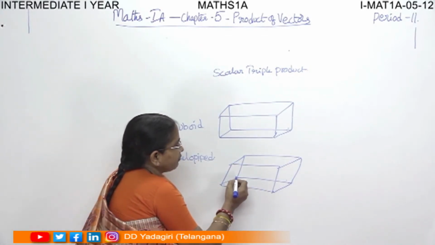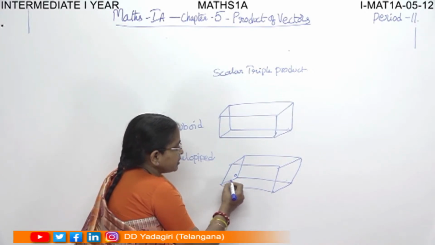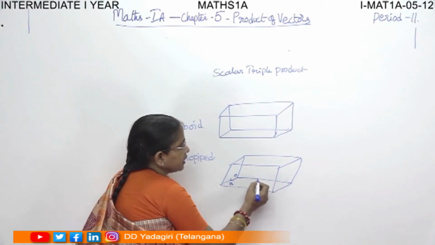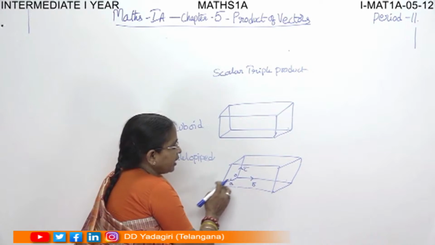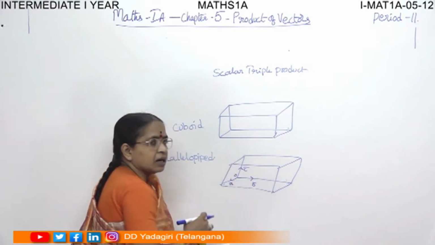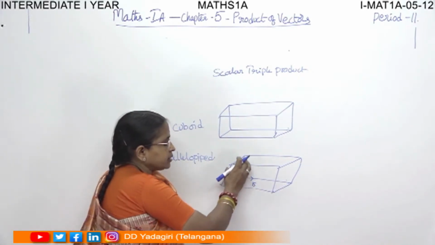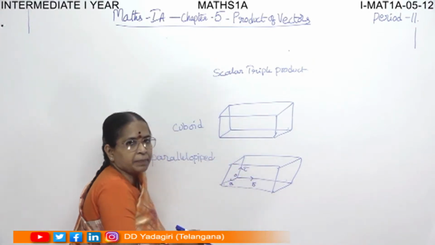Now here we'll take one vertex as the origin. Suppose this side is A and this side is B and this side is C. So A, B, C are the coterminous edges of the parallelepiped.